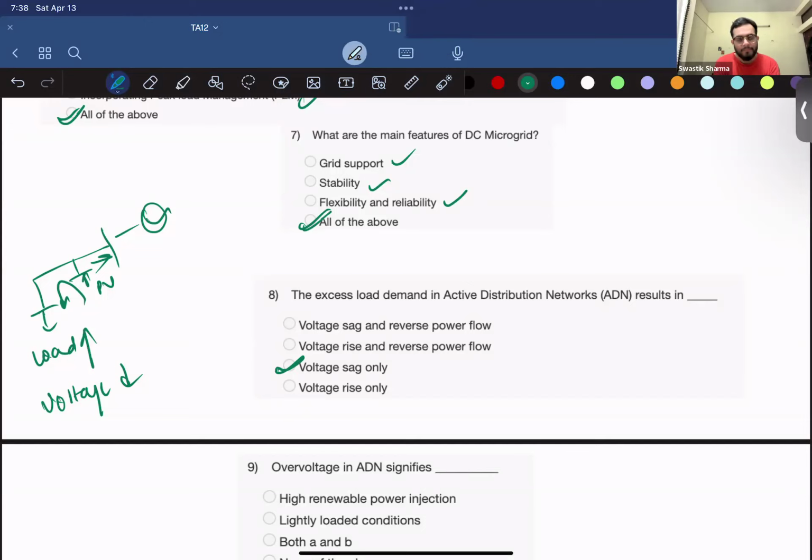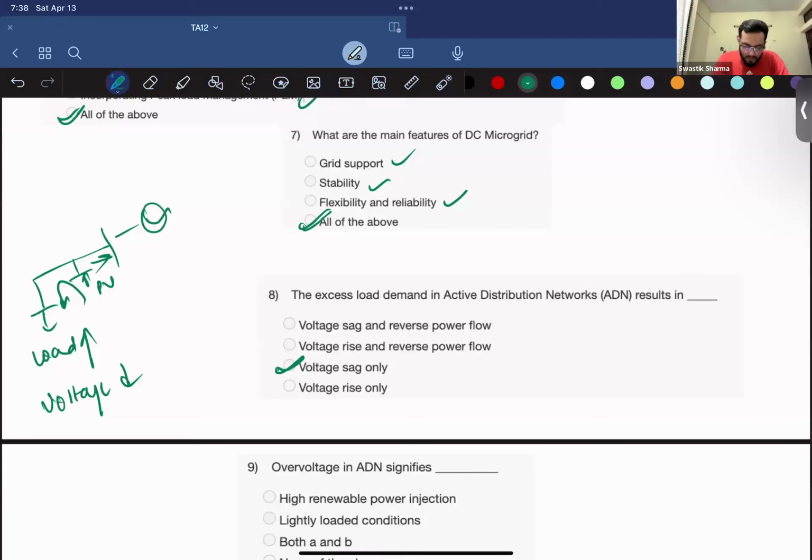Did you get it, Dharini? Why won't A be the correct answer? Sir, an active distribution network, I imagine, is related only to DC, like PV and BESS. But the questions can be dubious; they can have different meanings.